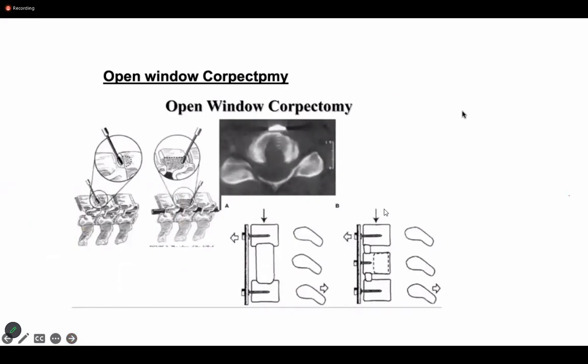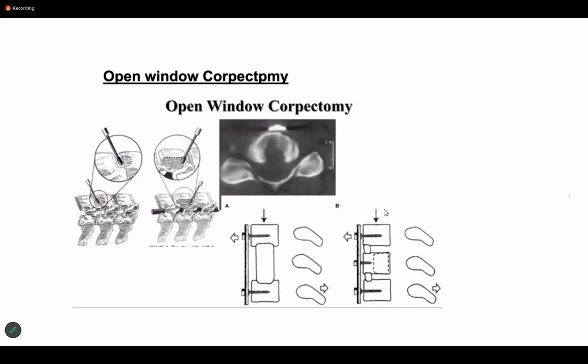The next is open window corpectomy. The open window corpectomy technique is designed to remove a minimum amount of bone and achieves satisfactory decompression with the use of a high-speed drill under surgical microscope. Only the dorsal surface of the corpus is removed after appropriate microdiscectomy.